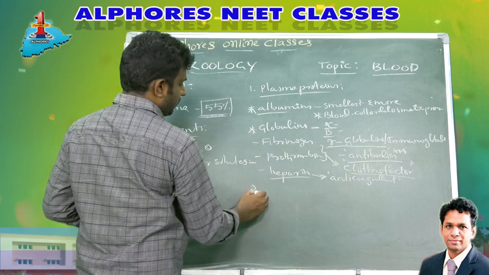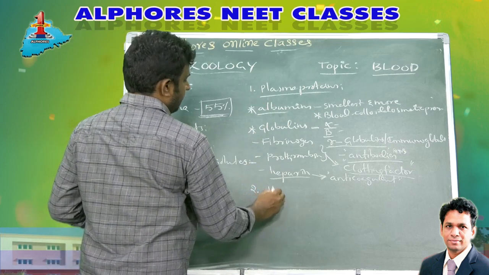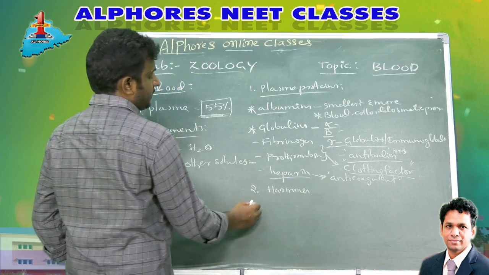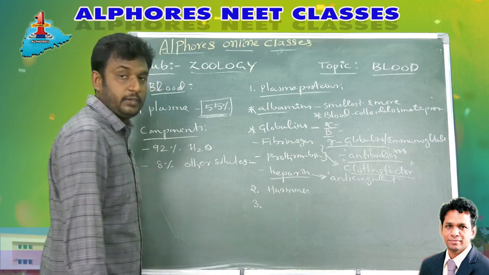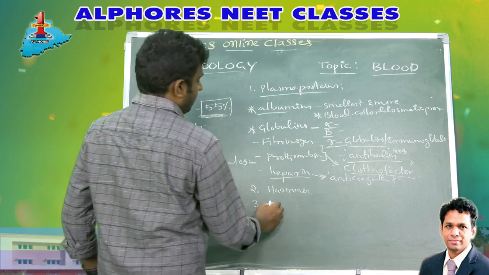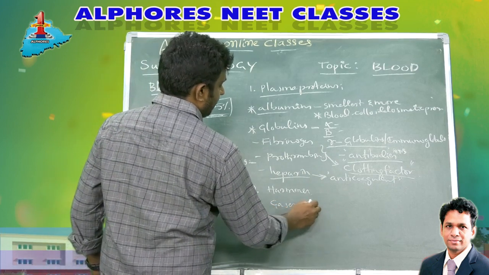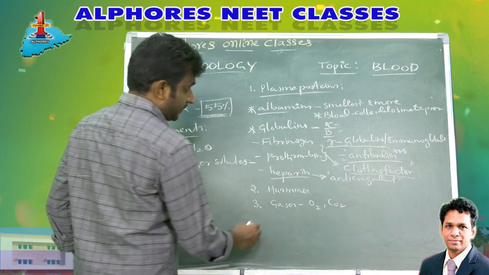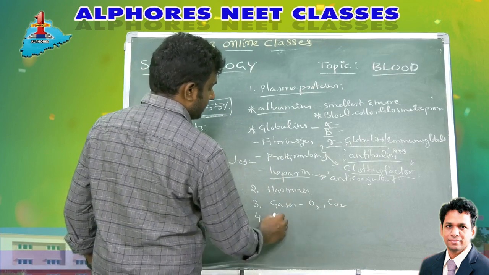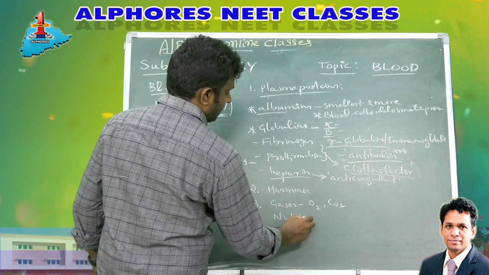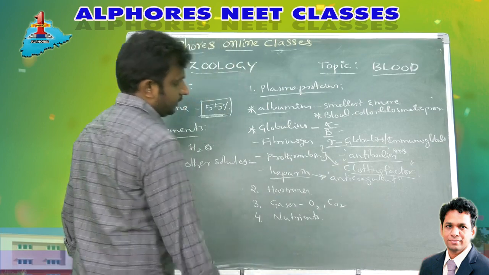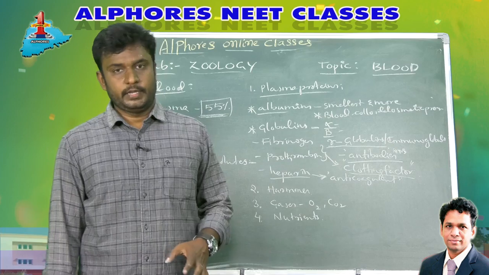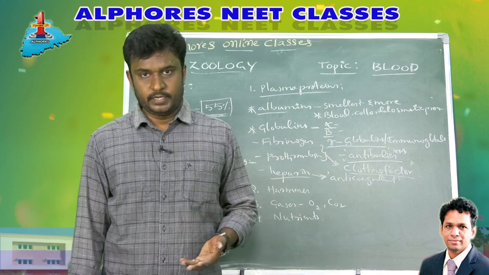Not only plasma proteins, it also consists of hormones. Blood plasma also consists of the hormones which are released from the endocrine glands. Then gases, respiratory gases like oxygen and carbon dioxide. Next, nutrients: glucose, amino acids, fatty acids, all are the nutrients which are supplied to various parts of the body.